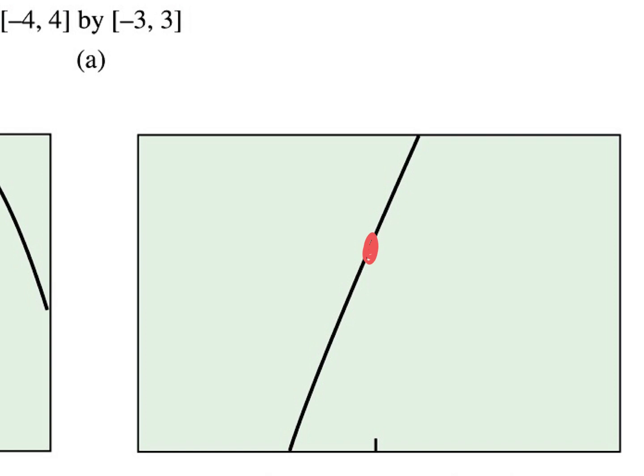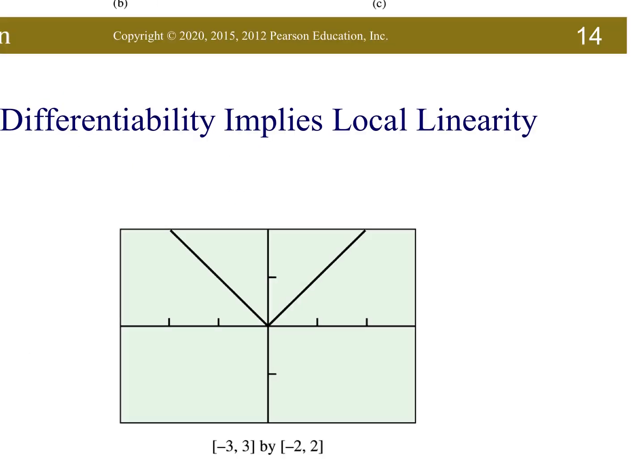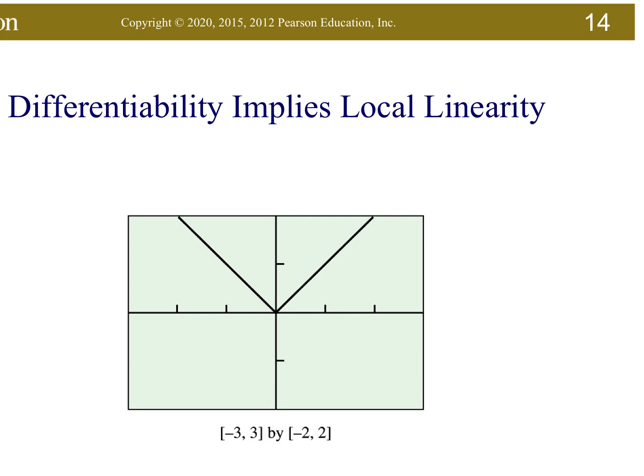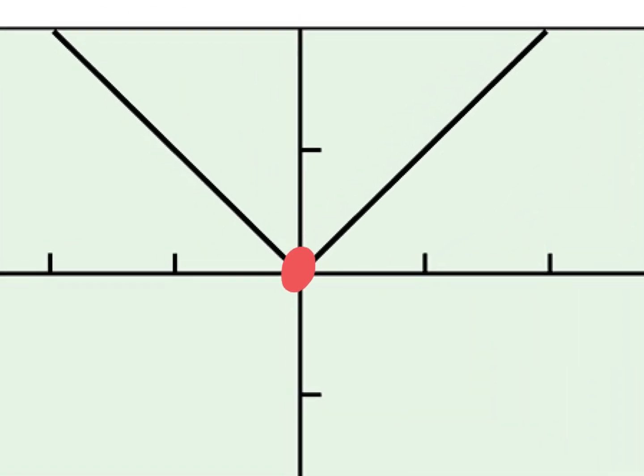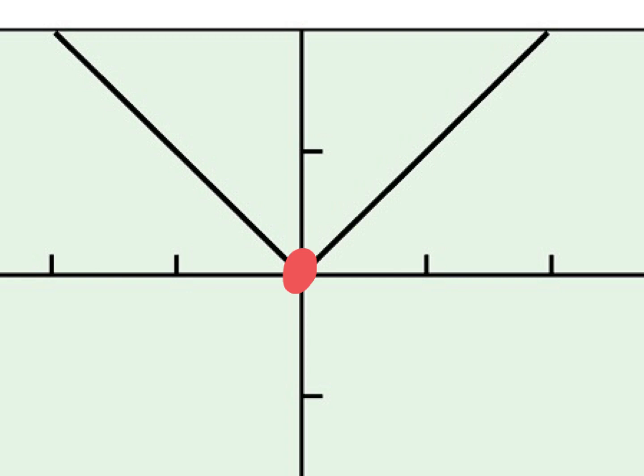So if you can do that at all points on the graph, then that is another way that you can establish that it is differentiable. It doesn't work on an absolute value. Because no matter what, if I zoom in on that point, that origin on the absolute value, that corner is never going to go away.